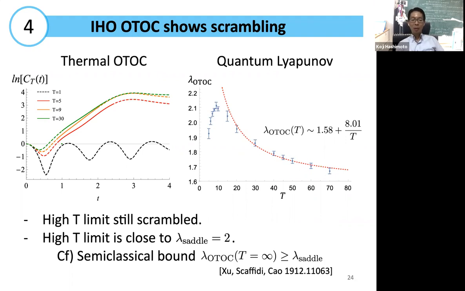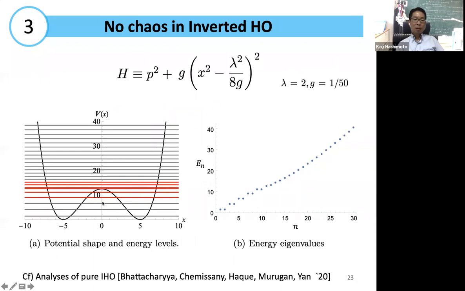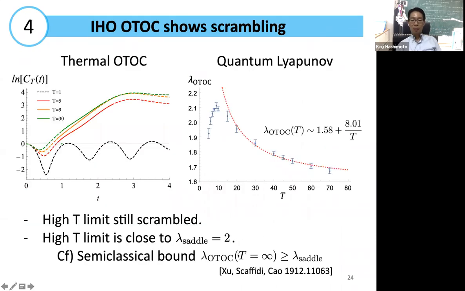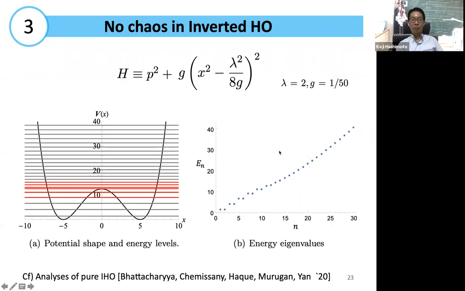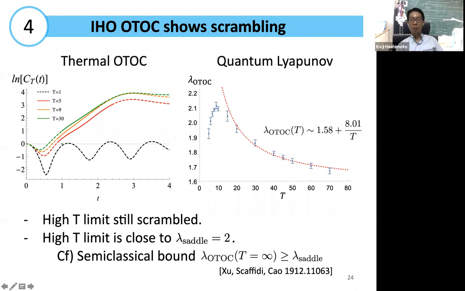So in this potential, if I take a limit of bringing this potential higher and higher, then it corresponds to the classical limit. Then in that limit, maybe this bound may be true. But in our case, we still have a very discretized structure of this. So that's why we violate this bound.